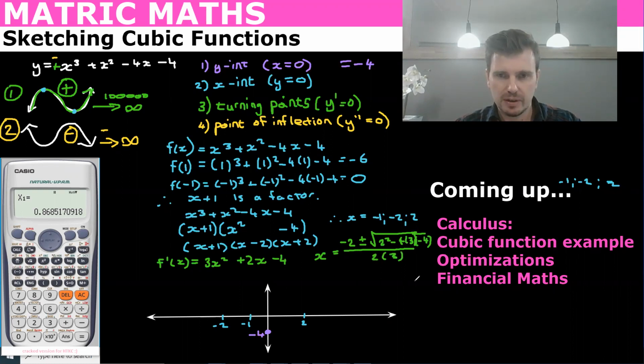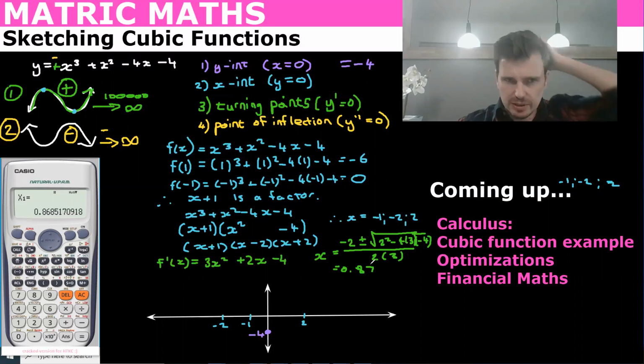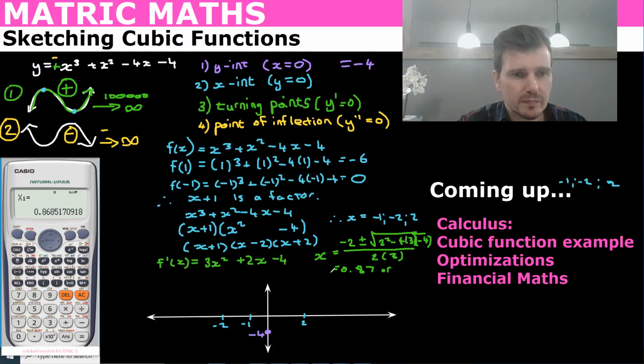And I know my answers are going to be 0,87. We're going to do it to 2 decimal places. And that's the second one, minus 1,54.